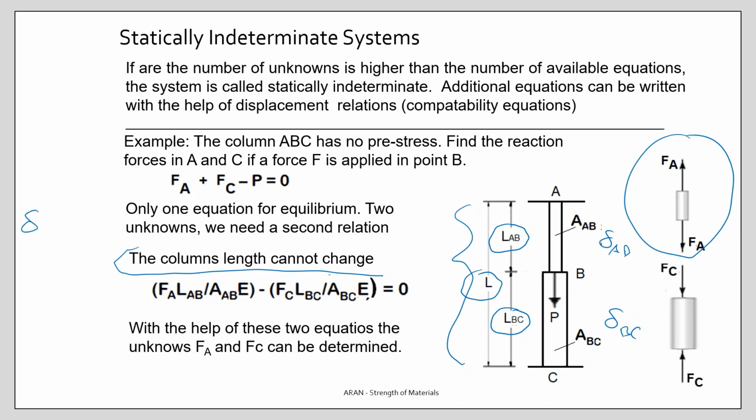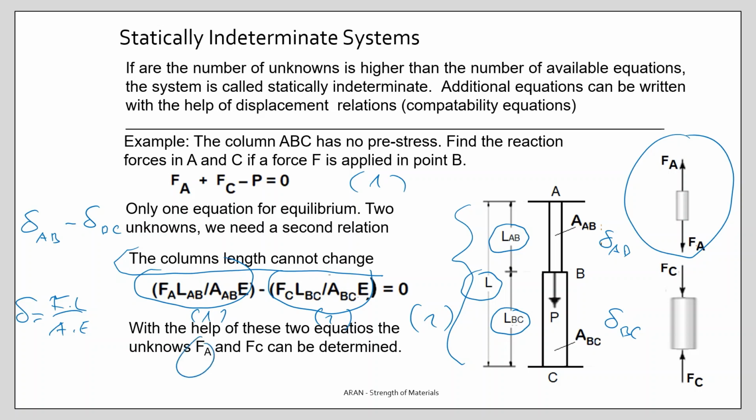So delta AB minus delta BC equals 0. We know that delta is FL over AE. So for section 1 and section 2, I write the delta values, and that is my second equation. Now the problem is solvable, and I can determine Fa and Fc.